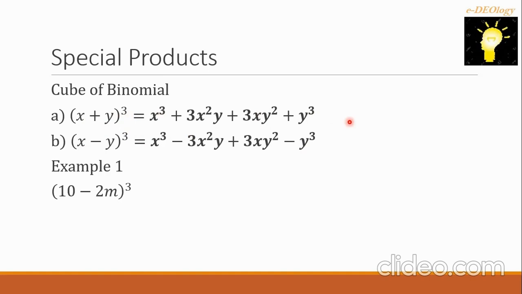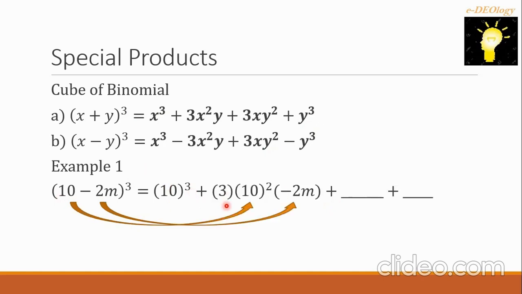So, 10 minus 2m all raised to 3. Now I'm going to use the idea of formula number 1. I'm going to write my 4 blanks connected by plus signs. So the first blank is for the 10 raised to 3.